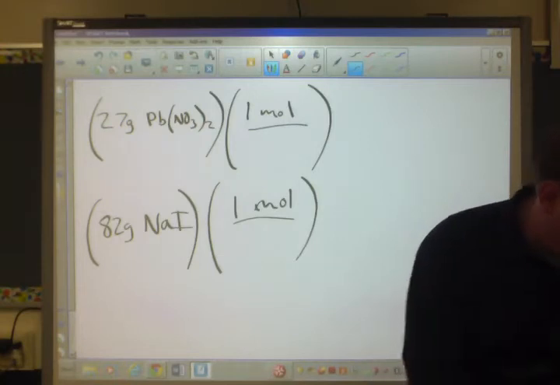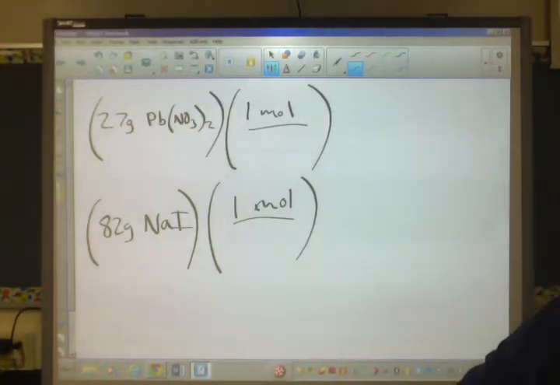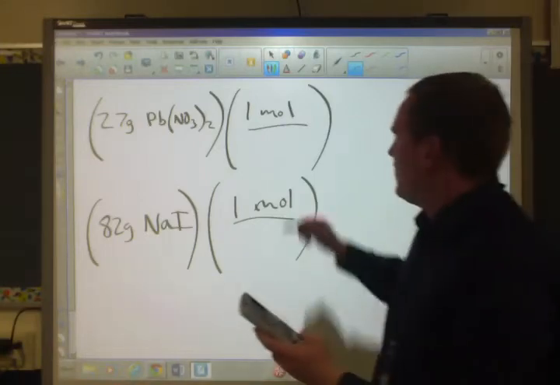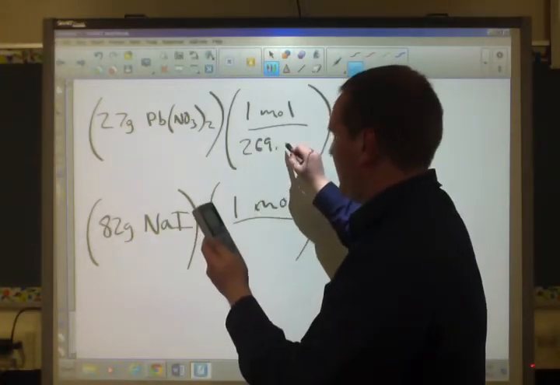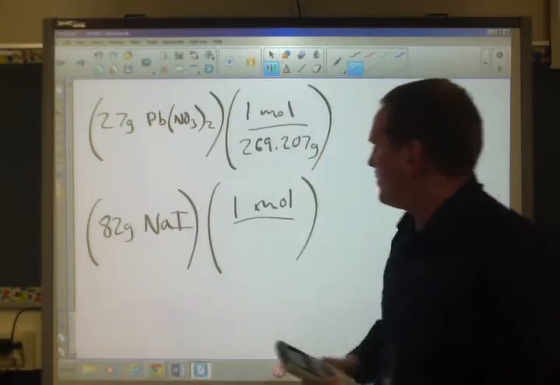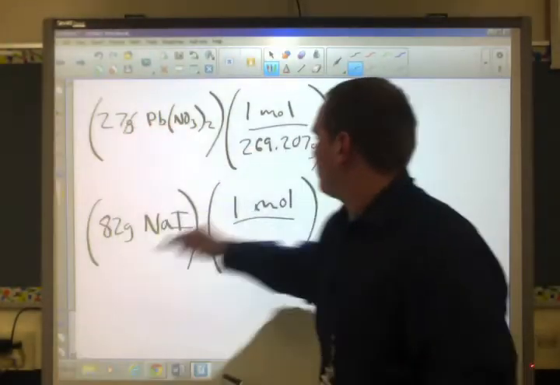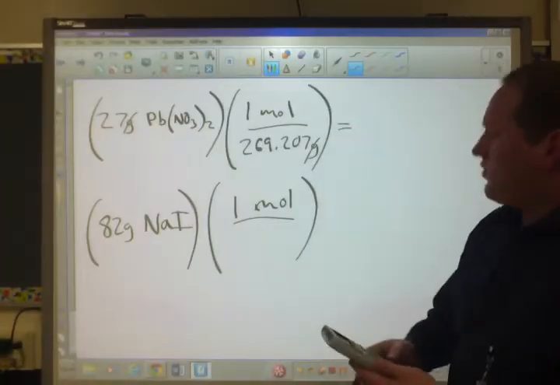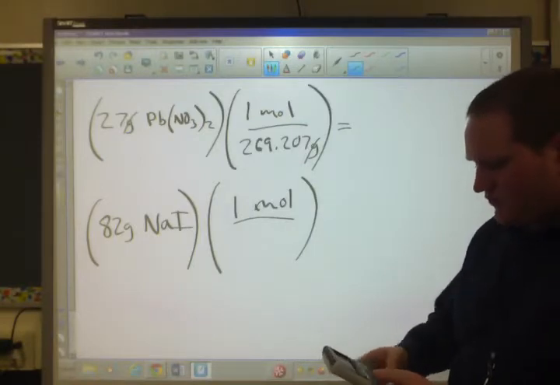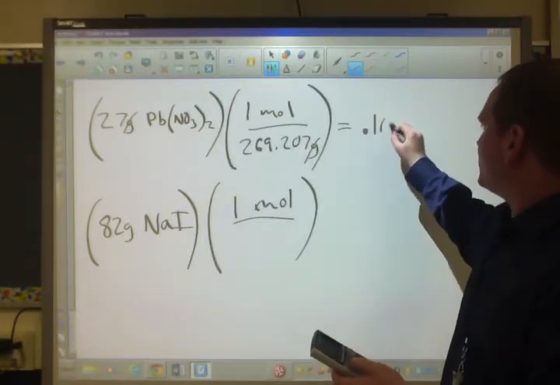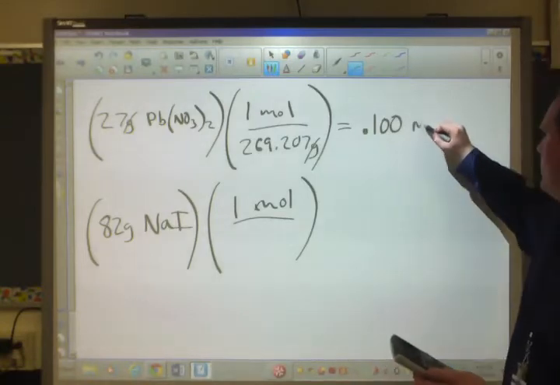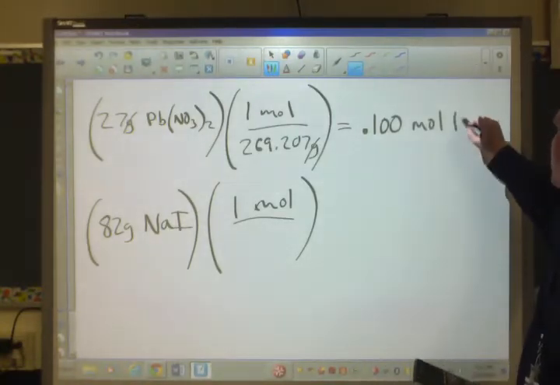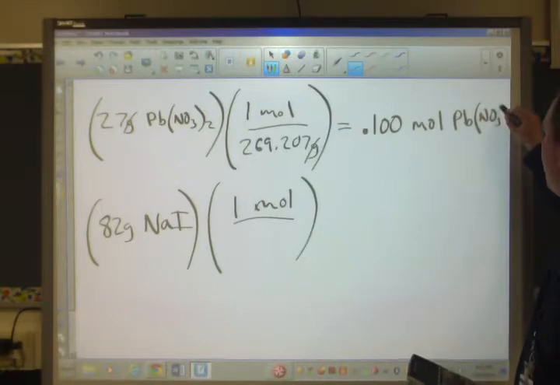Okay, lead 2 nitrate. Lead is 207.2 plus N is 14.007 plus 3 oxygens is 48, times 2, that's 269.207 grams. Gram cancels gram. We get 0.100 moles. Nice clean answer.